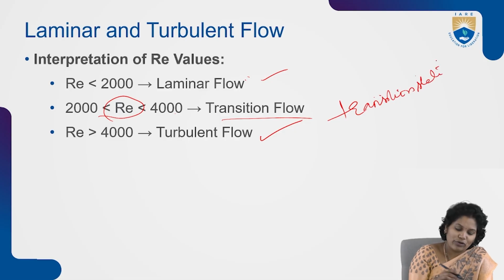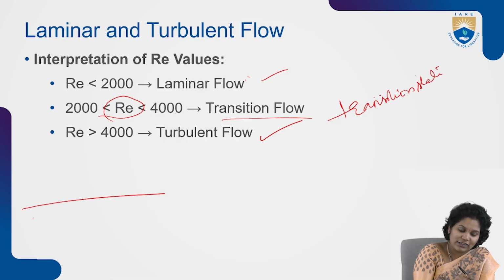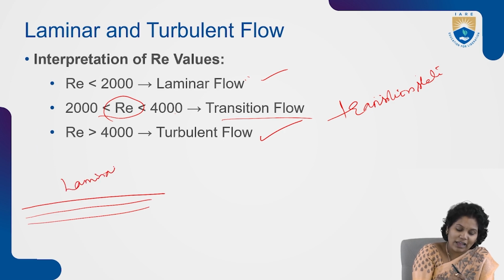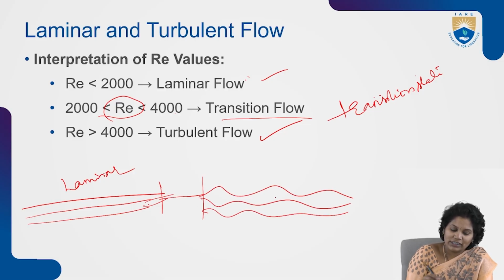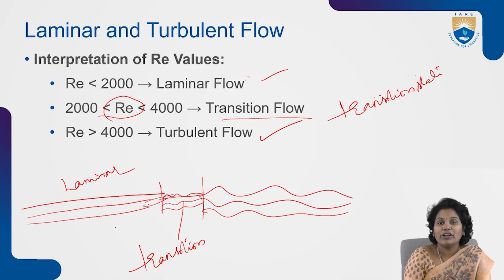So here I'm drawing, this is the laminar flow. This laminar flow is changing, and here we are seeing the flow like this, right? Here we see small disturbances in the flow. So this we are calling a transition state, where the flow is changing from laminar to turbulent flow.